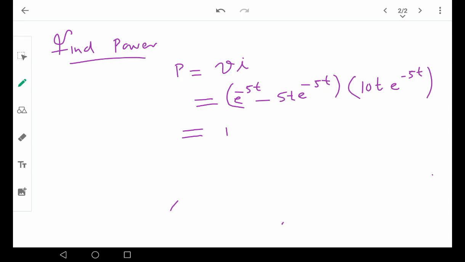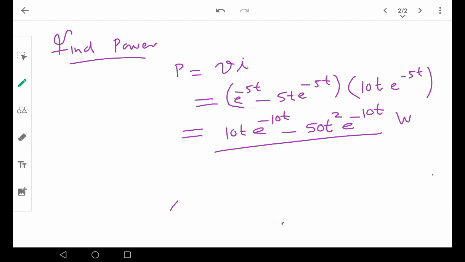Then you will get 10t e raised to minus 10t minus 50t square e raised to minus 10t. That's the watts. That's the power equation. Understand?